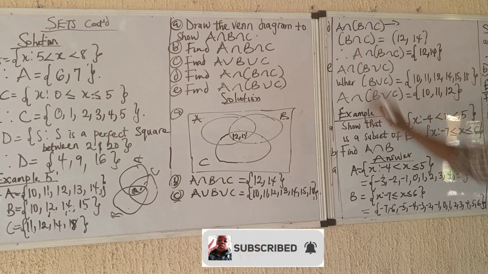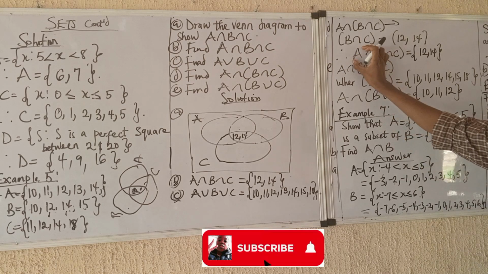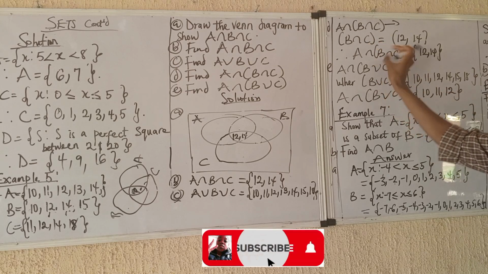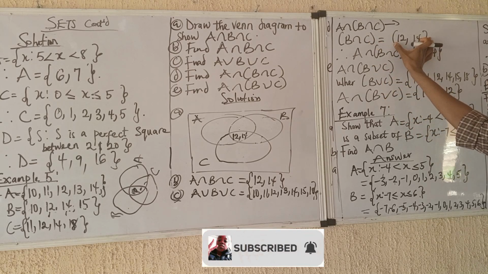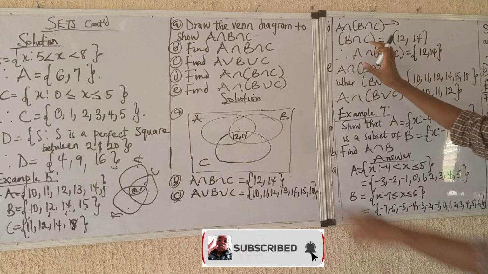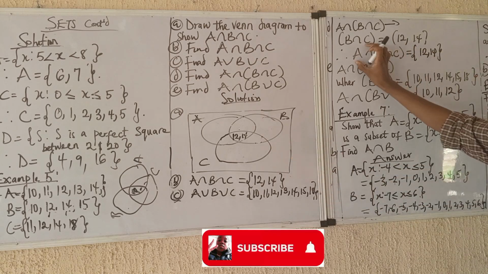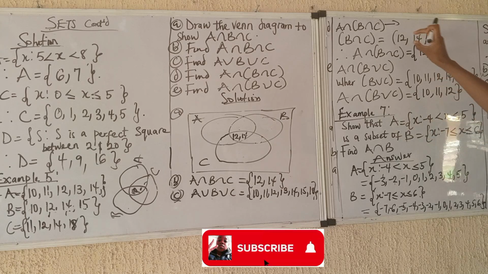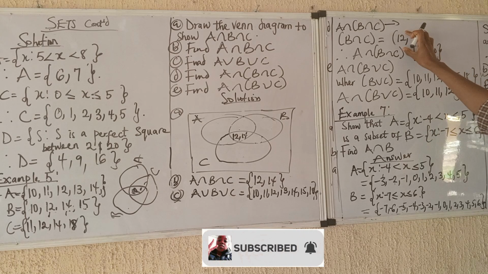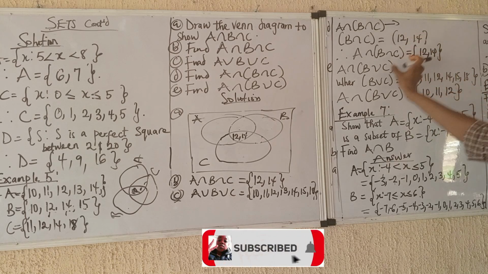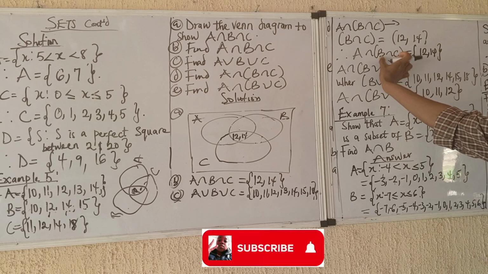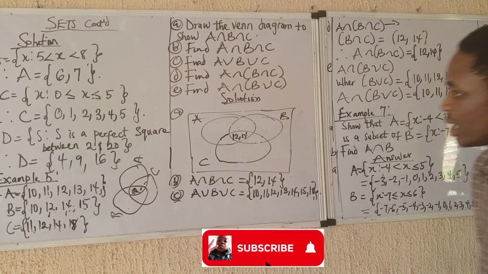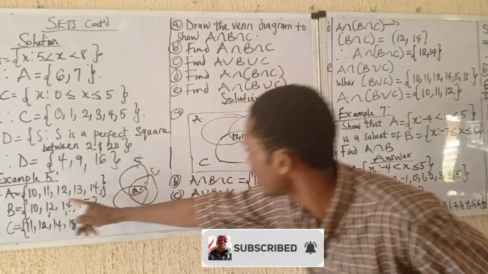Now, finally, set A intersecting with B intersecting C, which is this one. We're going to go to our data given to us and check on set A with this one. We take the elements common to set A and B intersecting with C. So let's see, we have 12 here, we have 12 here.